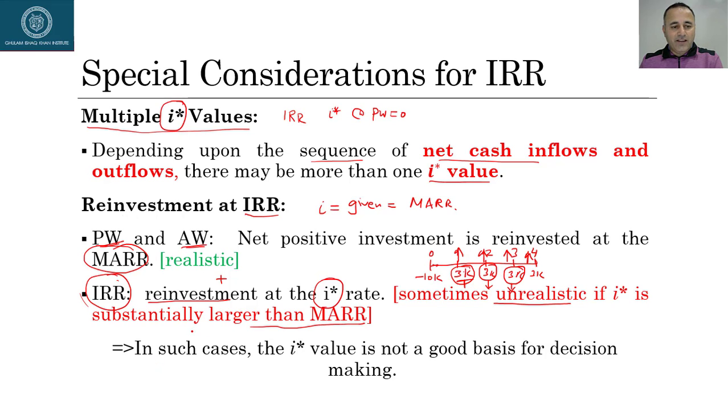So if that is the situation, then the IRR value is not a good basis for decision making. So instead, we can use PW and AW for our analysis.